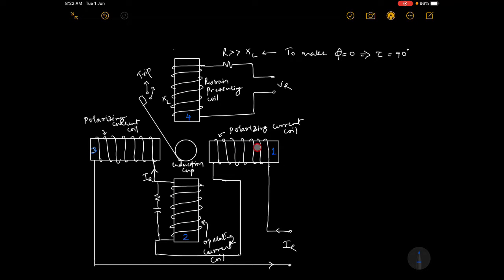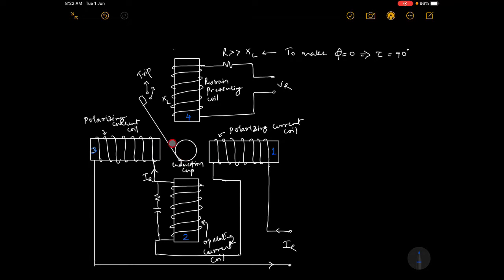First and third are polarizing current coils, and fourth is the restraining pressure coil, so it is making an opposite torque. Operating torque is produced by the current coil. Why polarizing current coils are required, we will see.